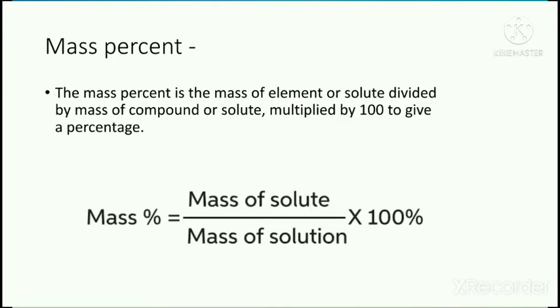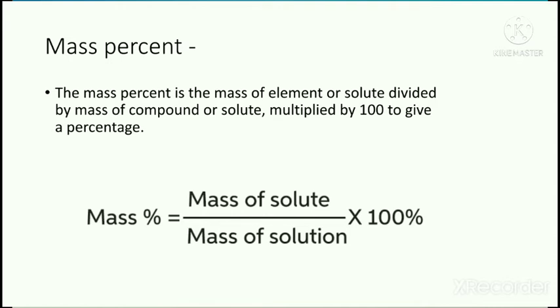First is mass percent. Students, what is the definition of mass percent? Mass percent is the mass of element or solute divided by the mass of compound or total solution multiplied by 100 to give a percentage. There is a formula.